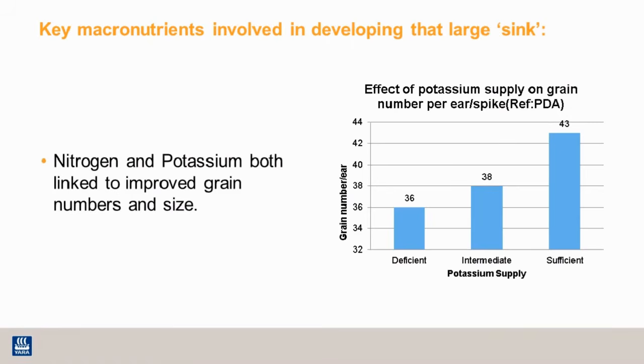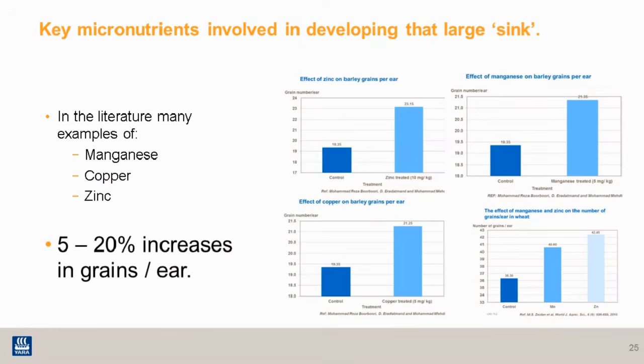And there we've got nitrogen and potassium, very critical macronutrients, and we've shown this to you before, just a reminder of work done that shows how making sure we've got sufficiency of potassium has a direct impact on the grain numbers per ear. So again, I can't emphasize the importance of that nutrient enough, as well as the nitrogen that either has gone on now or is just going on, in terms of its impact on final grain number.